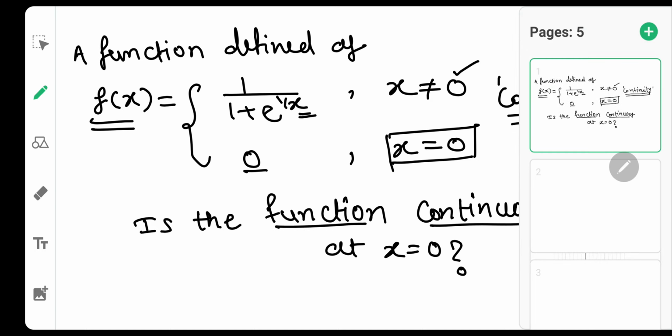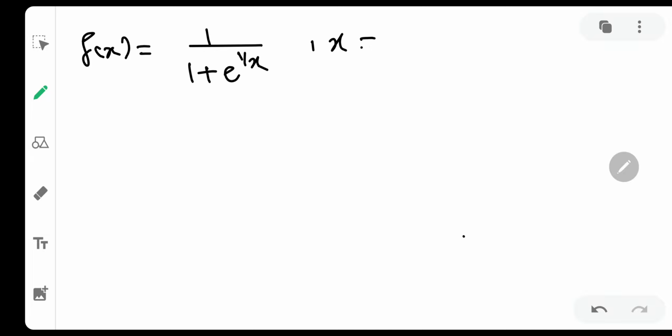In such questions, how are we supposed to proceed? So f of x is given as 1 upon 1 plus e raised to 1 by x for x not equal to 0. In such questions, you have to consider LHL and RHL and check whether the values are equal from both sides. So first of all, I will consider LHL.